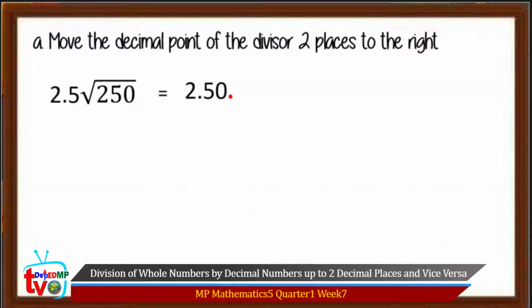Why? Because we move the decimal point 2 places to the right. And then, we do the same with the dividend. So, 250 will become 25,000 because, like what we have said, we move 2 decimal places to the right.